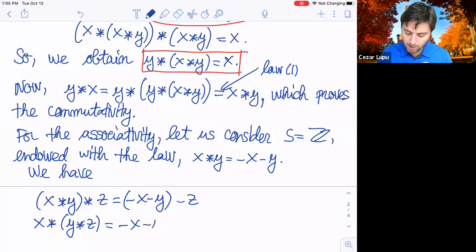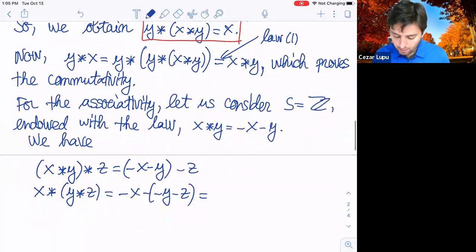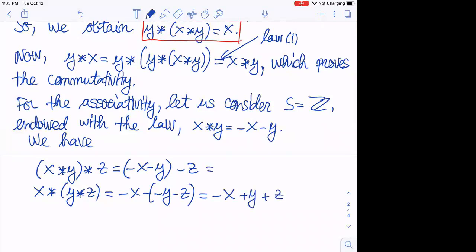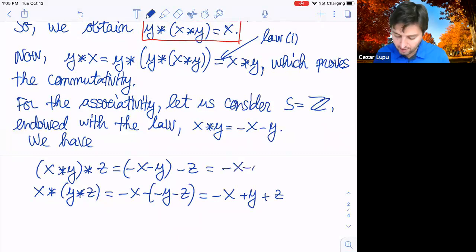So it's negative x minus negative y minus z, right? Which will give us negative x plus y plus z, correct? Yep. And this will be negative x, negative y minus z. Well, when these two are equal, I'm gonna kill myself.